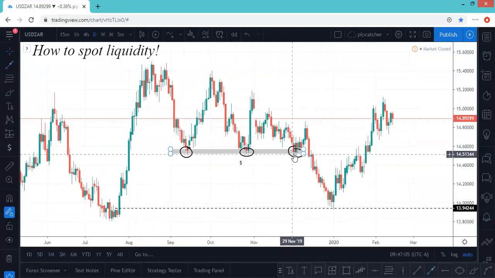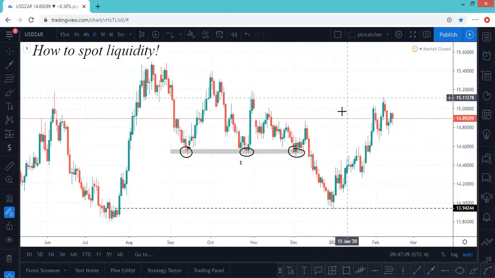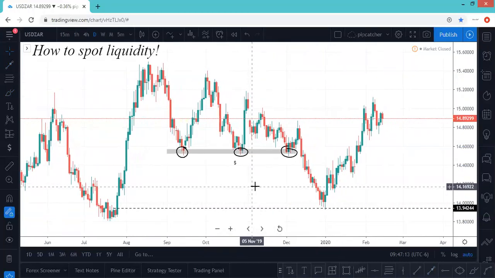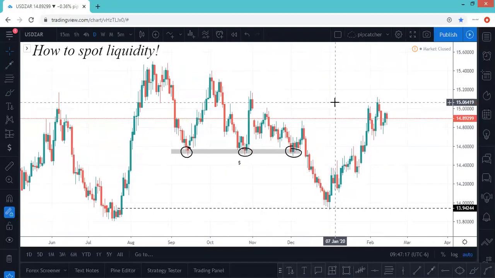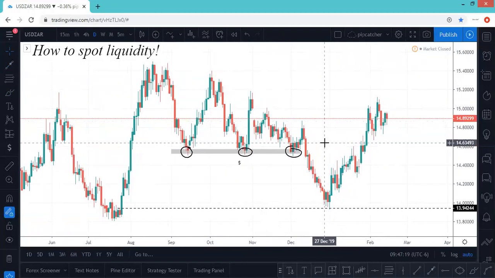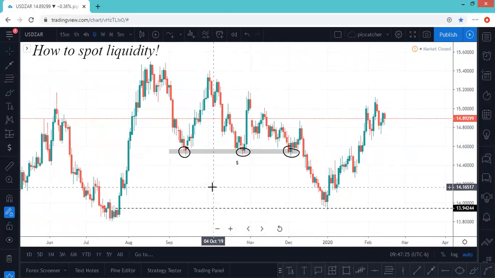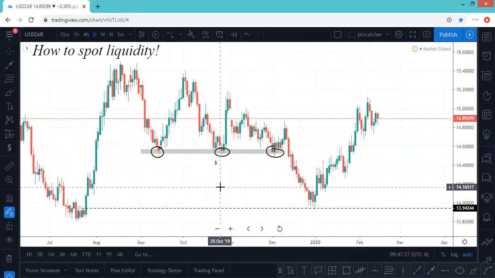Okay? So once again, strong support, strong resistance levels are very good indications of not only liquidity, but what everyone else might be doing, right? So think outside the box.